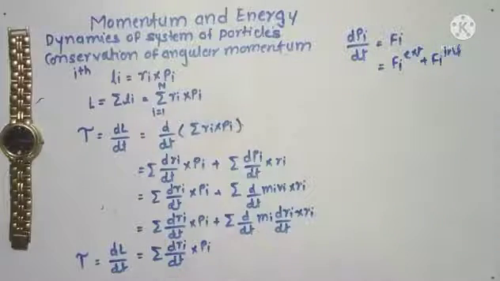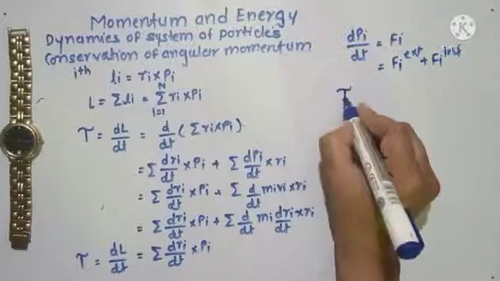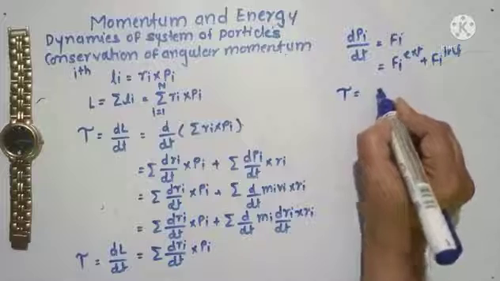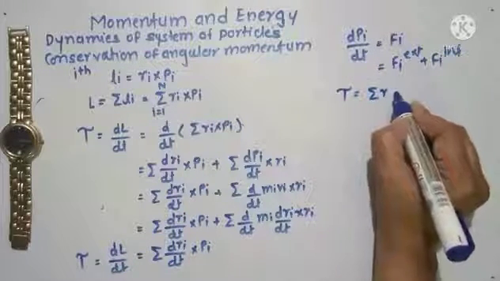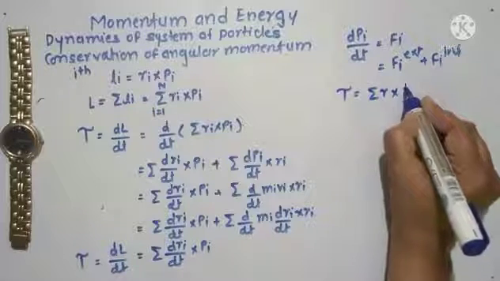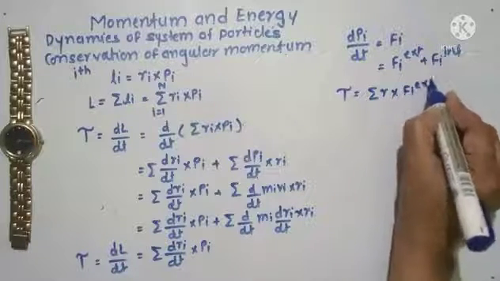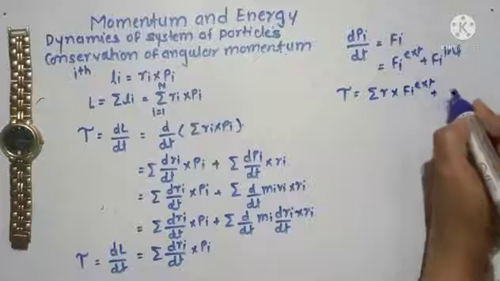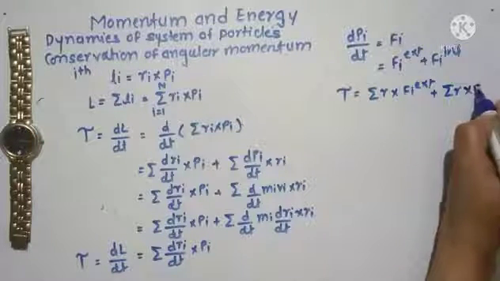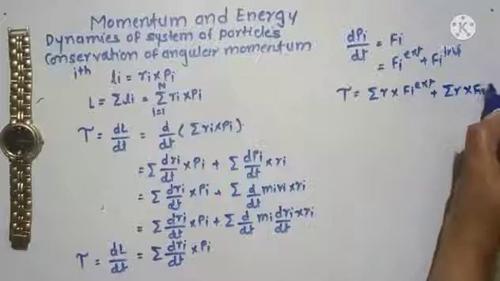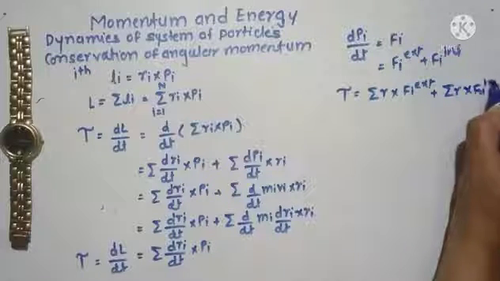So we can write the same equation, tau is equal to the summation of R cross Fi external plus the summation R cross Fi internal.